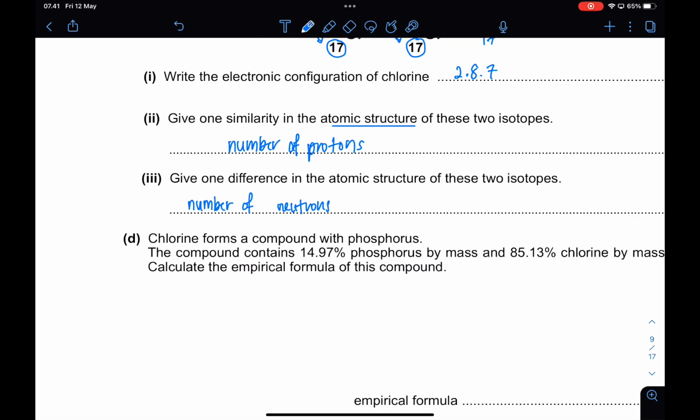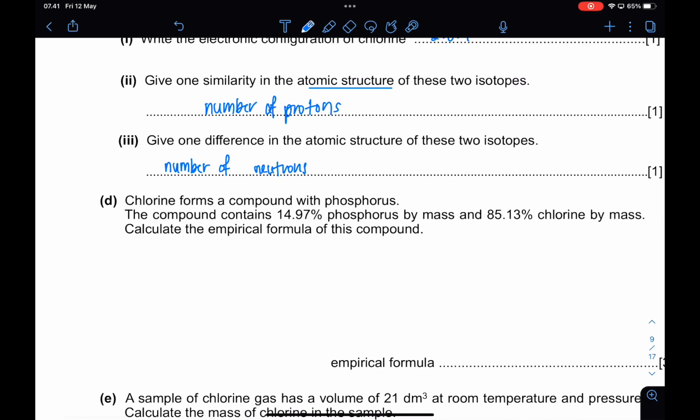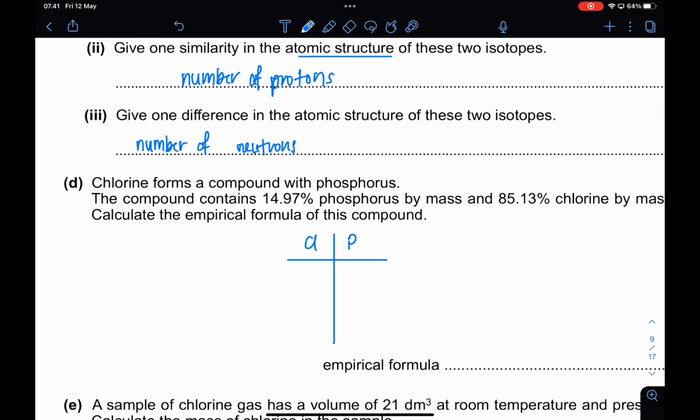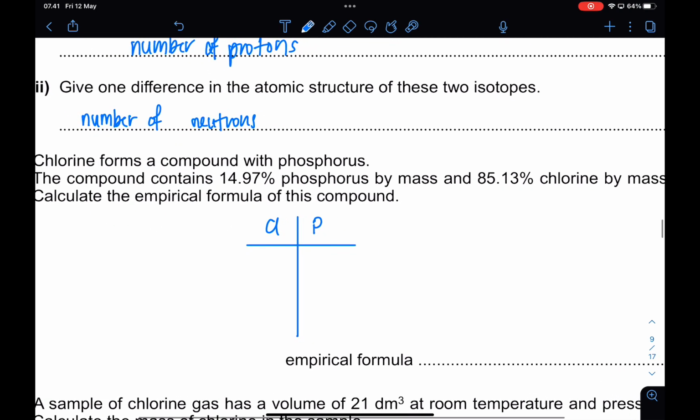They say that the compound contains phosphorus by mass and chlorine by mass. Calculate the empirical formula. So we put Cl and then phosphorus in a table, and just put the percentage. Whether it's mass or percentage, we take it the same. Chlorine is 85.13, phosphorus is 14.97.